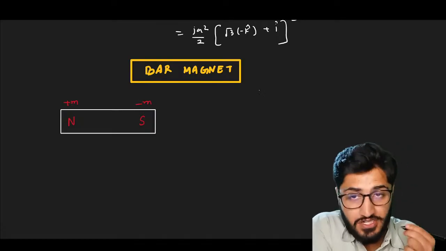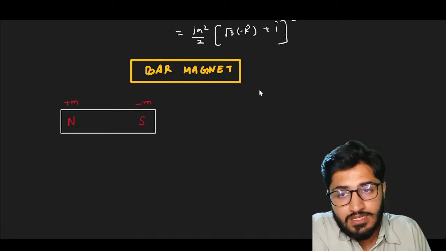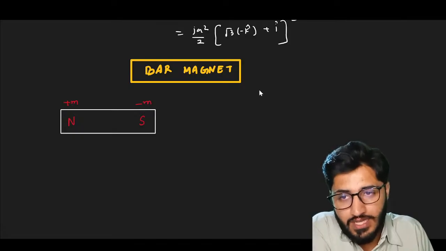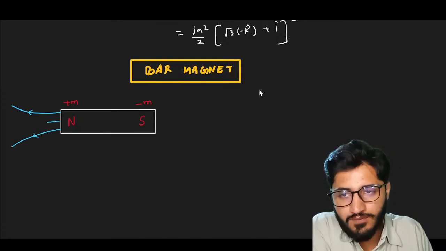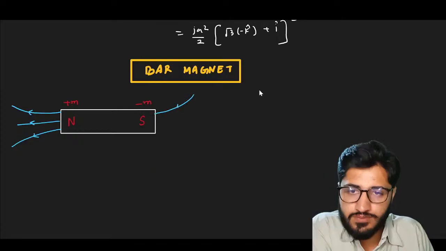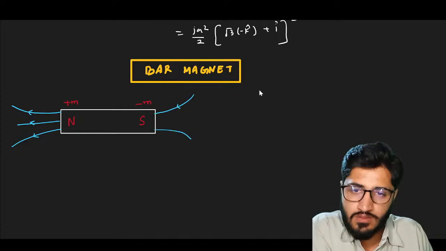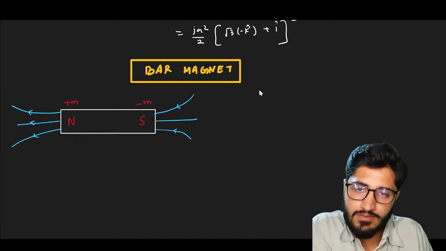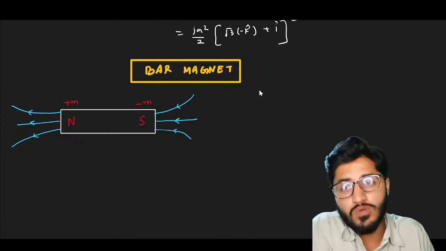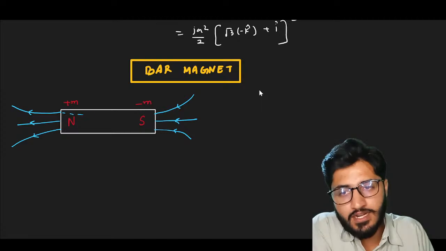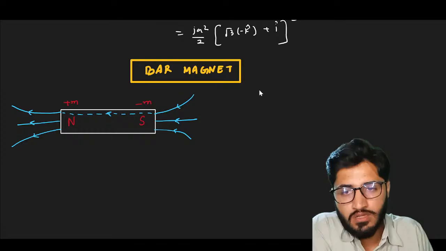By convention, we know that magnetic force lines come out from the north pole on the outer side and go towards the south. Magnetic field lines go from north to south outside, but inside they go from south to north.